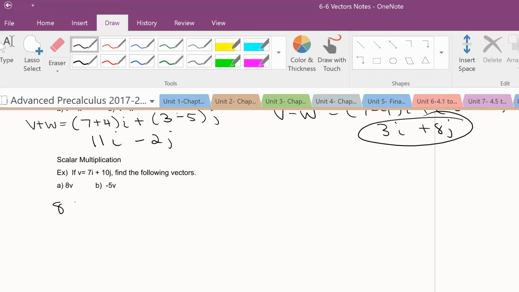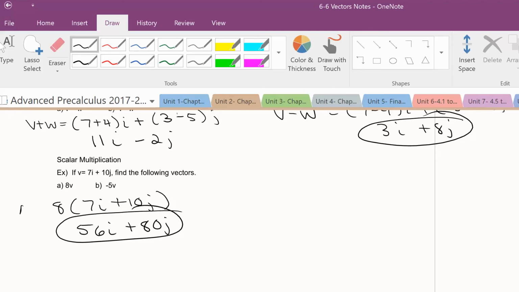So if I go 8v, I'm going 8 times 7i plus 10j. So that gives me 56i plus 80j. And if I look at part B, it says to multiply by negative 5. So I multiply by negative 5, and I get negative 35i minus 50j.